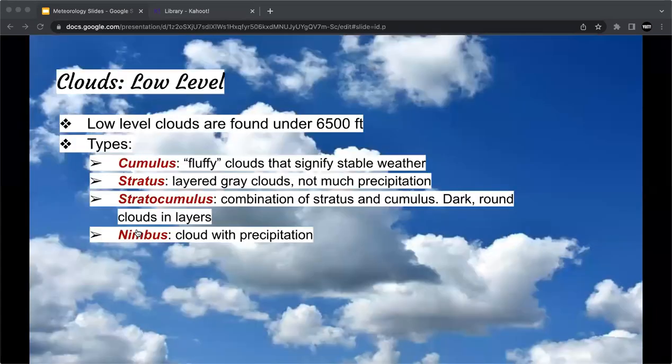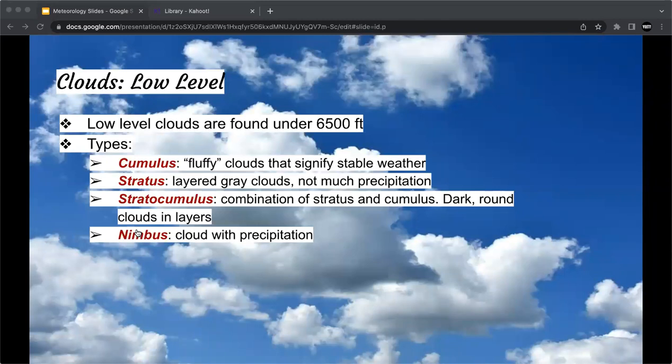Let's start with the low level clouds. These clouds are found under 6,500 feet. The main types are cumulus, which are fluffy, such as the ones in the background, and generally signify stable weather. We also have stratus, which are layered clouds.